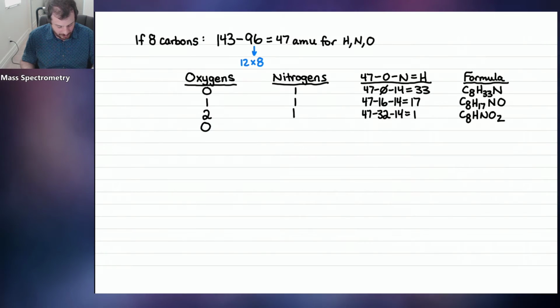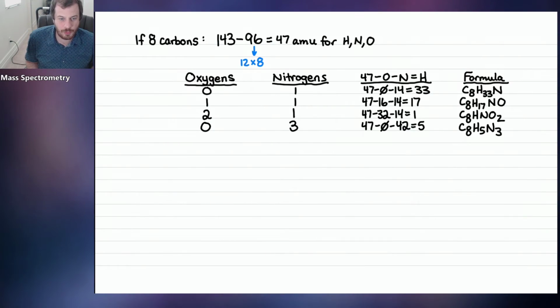Let's say we had 0 oxygens and 3 nitrogens, because remember, we're allowed to have an odd number of nitrogens, so this is also a possibility. This would be 47 minus 0, because we don't have any oxygens, minus 42, which is 14 times 3. That's going to equal 5. And so then that would be C8H5N3.